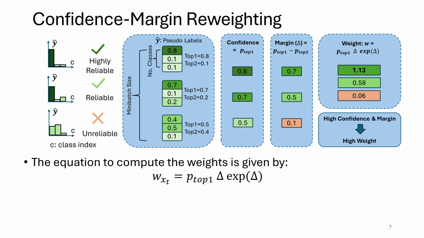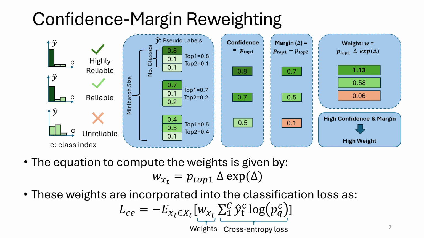The exponential term supplies a smooth margin-aware gain that exponentially enlarges the contribution of samples with large margins, whose pseudo-labels are statistically the most trustworthy. Samples with small margins are downweighted so that unreliable predictions exert little influence on the gradients. These weights are incorporated into the classification loss using the presented equation.